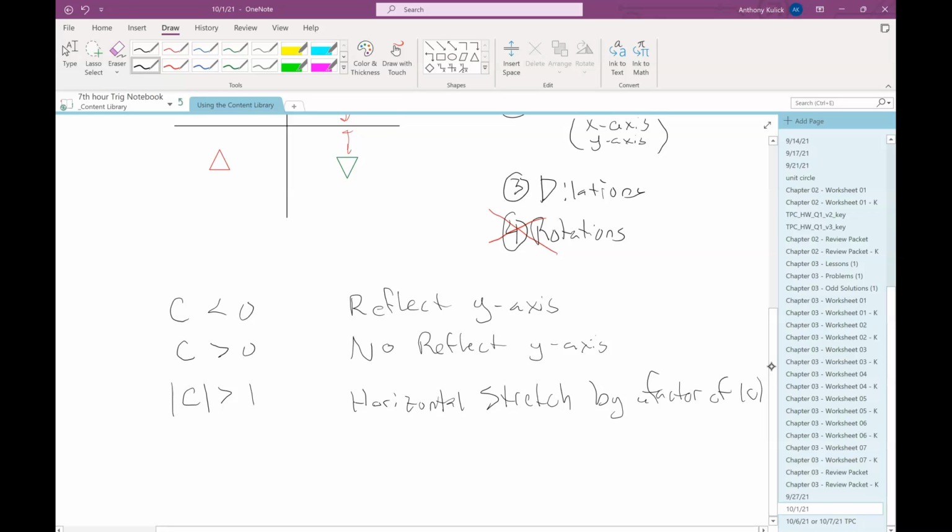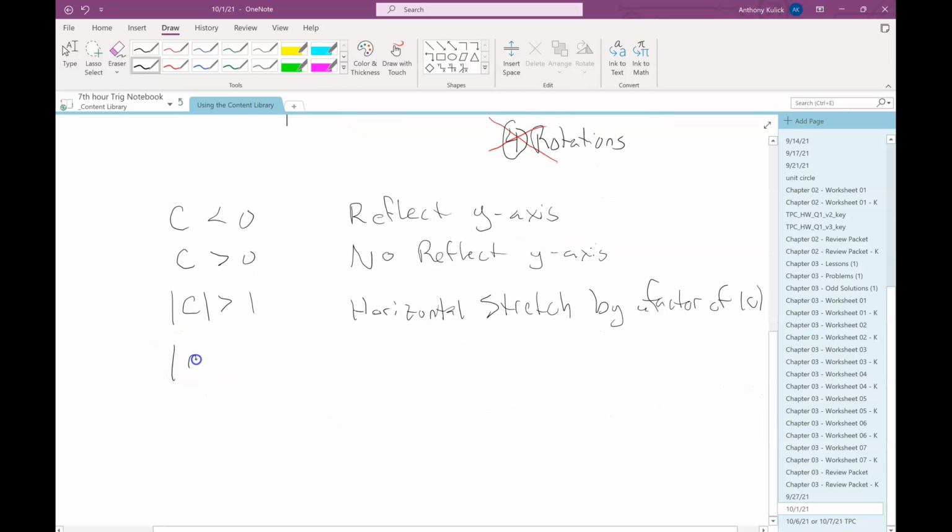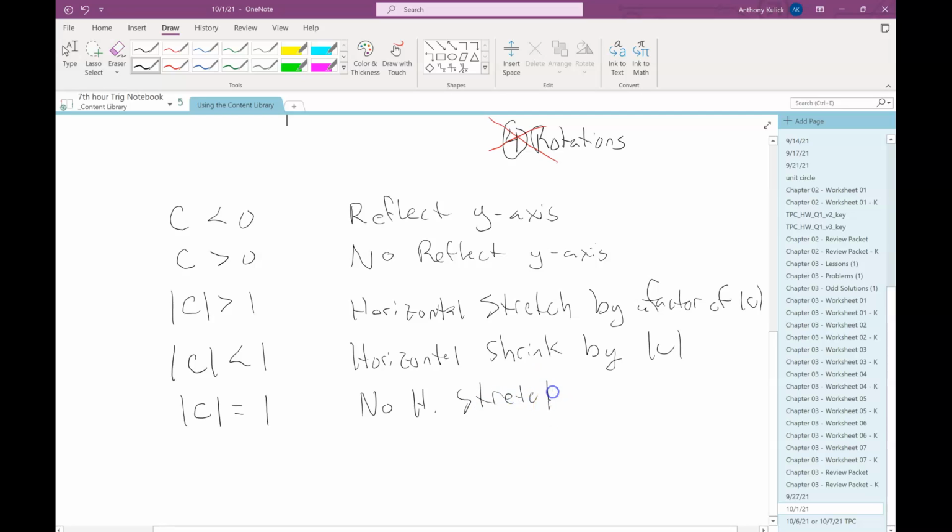Again, most of us, I'm sure, knew that, but sometimes it just helps to confirm it. Like, oh, which way was horizontal? If the magnitude of C is less than 1, we're going to have a horizontal shrink by a factor of C. And if the magnitude equals exactly 1, you have no horizontal stretch or shrink.